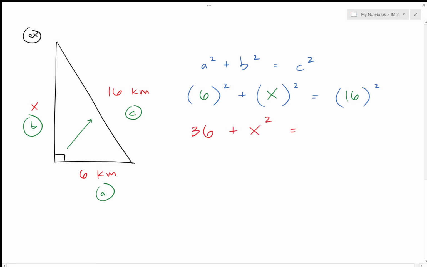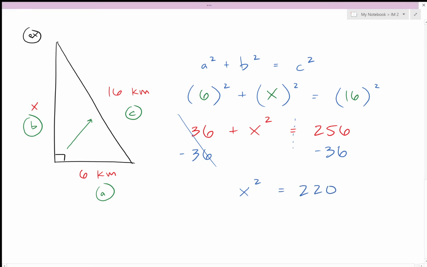And 16 squared, that's a much bigger number, 256. We're trying to get X all by itself. Subtract the 36 over. X squared equals 220. Again, one last step, square root.